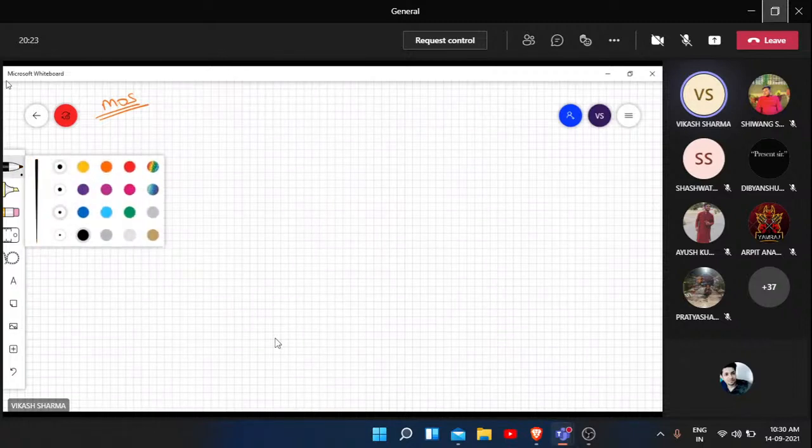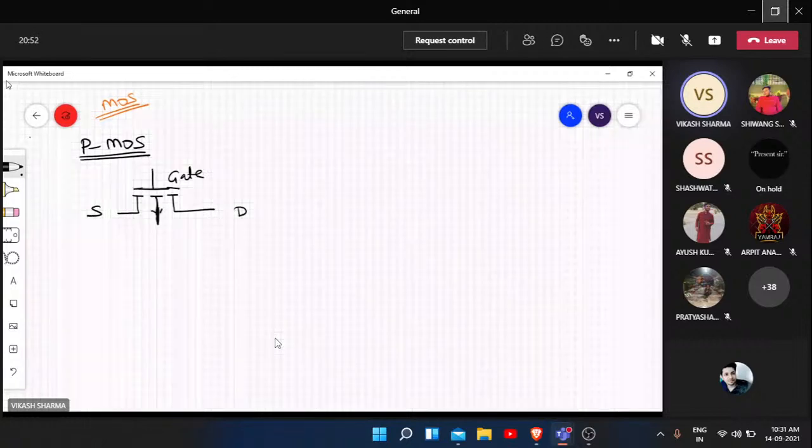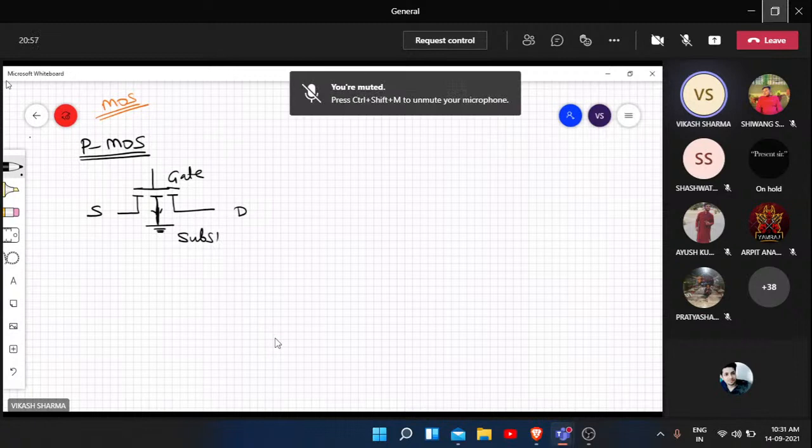So let us talk something about PMOS. Now when we talk about PMOS, means P channel MOS, we represent it with a symbol that looks somewhat the same, with a difference. What is the difference? We put a bubble here.